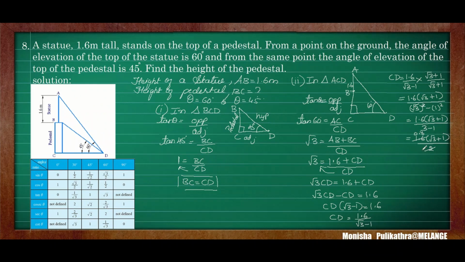So 1.6 divided by 2 is 0.8. The value of CD is equal to 0.8 into root 3 plus 1.